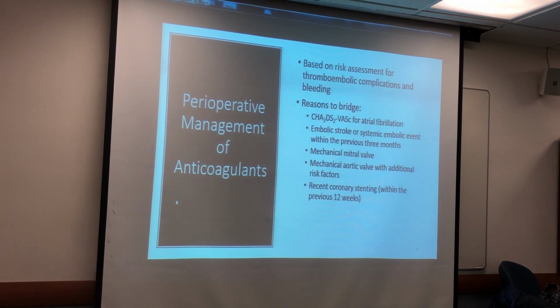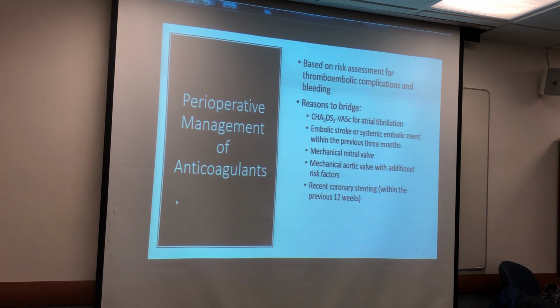So as far as perioperative management of the anticoagulants, obviously you're basing it on their risk assessment for bleeding versus having a clot. Some patients do require a bridge when they're off warfarin. So this is primarily for warfarin.